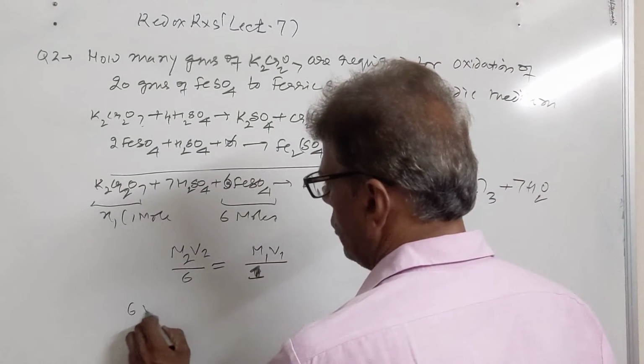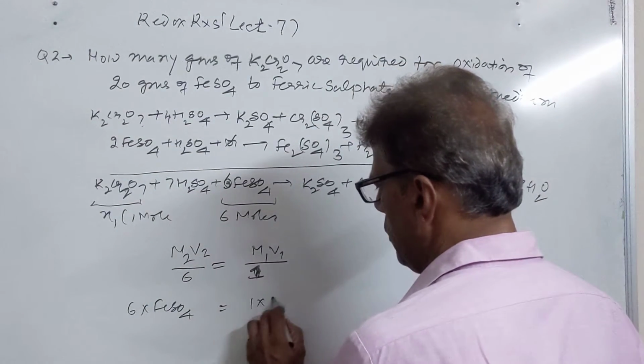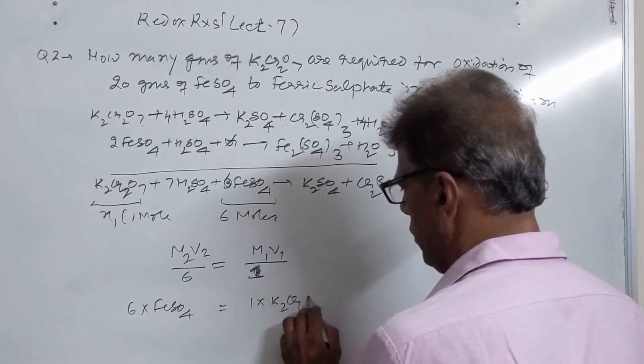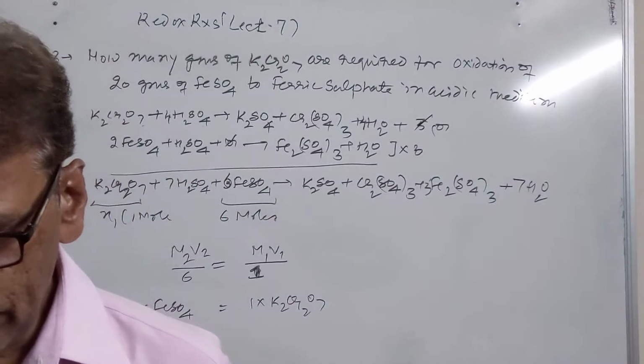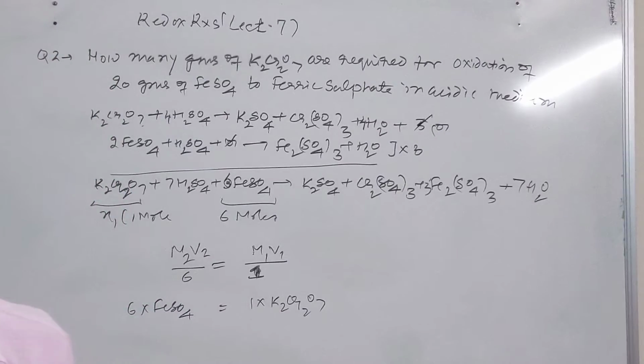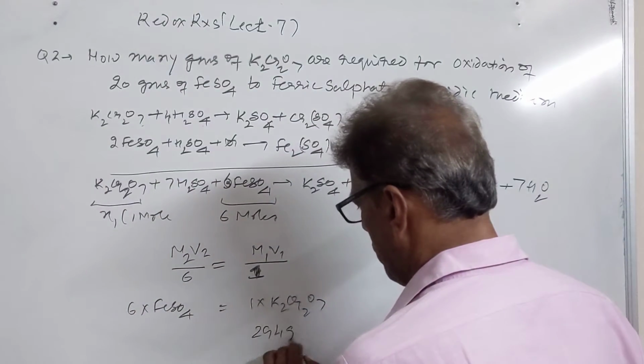This is 6 multiplied by ferrous sulfate weight, this will be 1 multiplied by K2Cr2O7 weight. Now ferrous sulfate weight is 152, multiplied by 6, and your K2Cr2O7 weight is 294 gram.